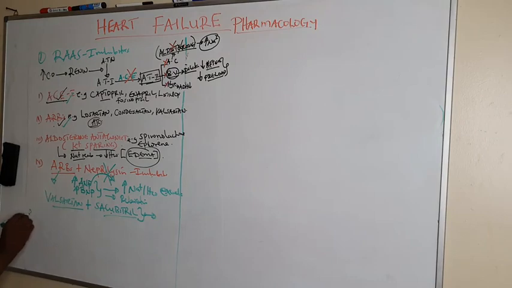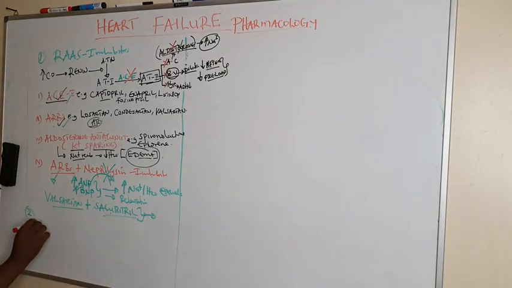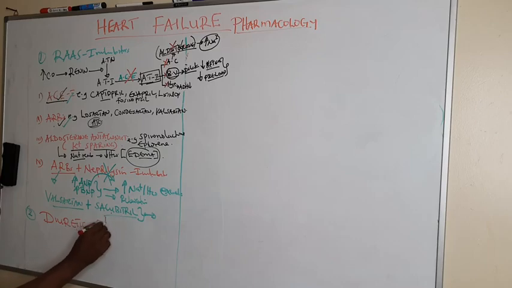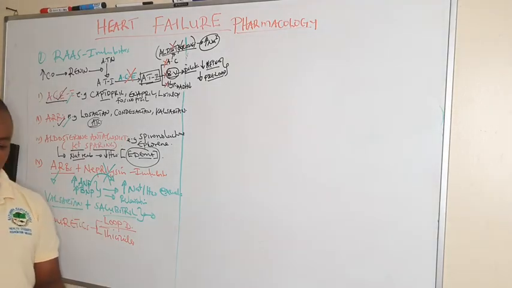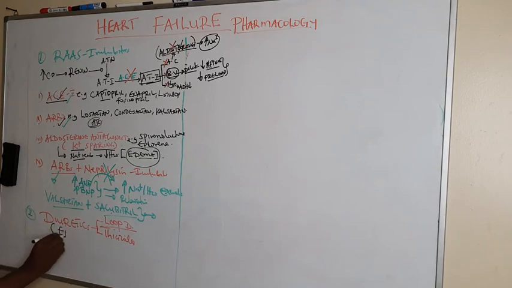Then the second category of drugs we want to talk about in this session is diuretics. You can also use diuretics, and the commonly used diuretics are loop diuretics. Sometimes, at a smaller extent, thiazides can be used, but majorly loop diuretics are preferred in treatment of heart failure, especially heart failure accompanied with edema, both peripheral and pulmonary edema.